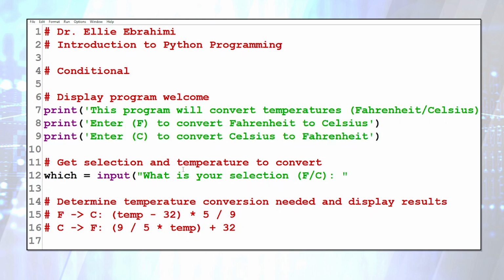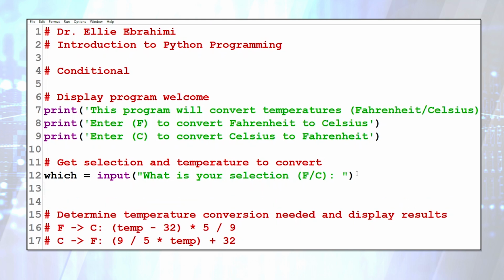I'm going to close the parentheses, and then on the next line get the temperature they want to convert. So input, "What temperature?" Just keep it simple, and we are closing it here.